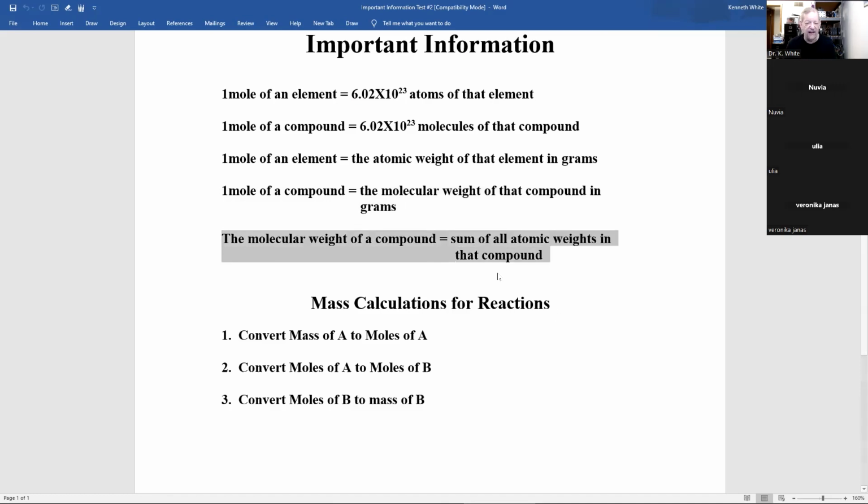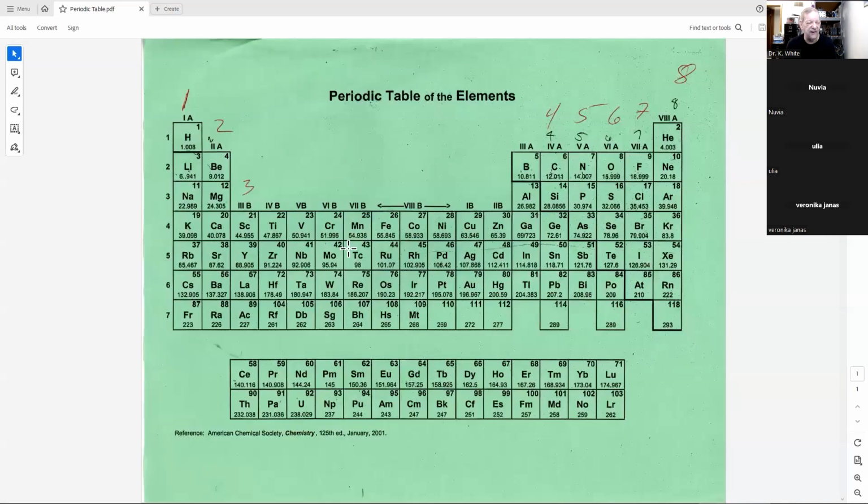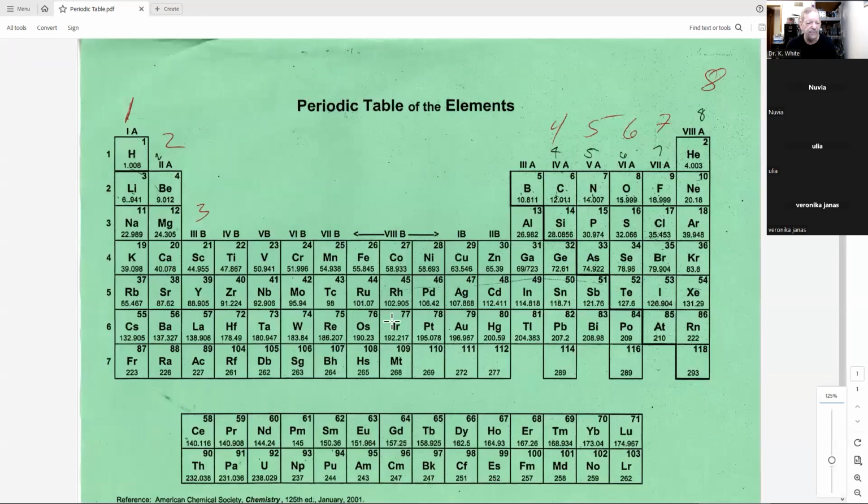And if we look at our friendly neighborhood periodic table, we have carbon at 12.0. Remember, use 3 significant figures for all atomic weights, and hydrogen is 1.01.